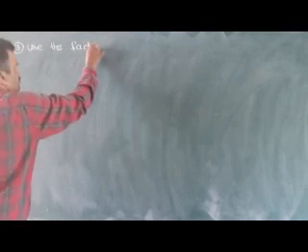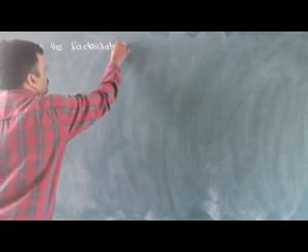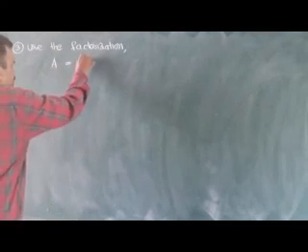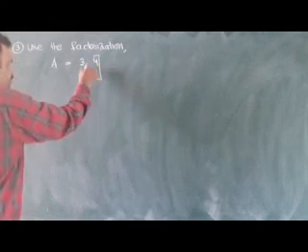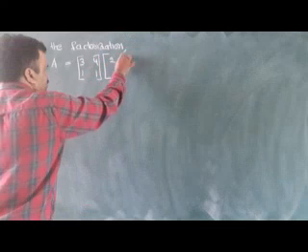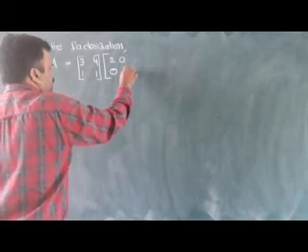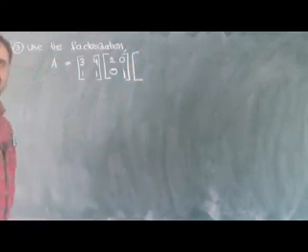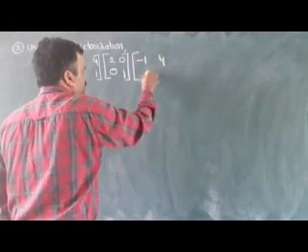Use the factorization A equal to the matrix 3 4 1 1 into 2 0 0 1 into the matrix minus 1 4 1 minus 3.